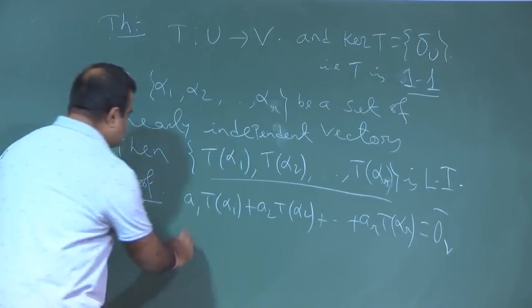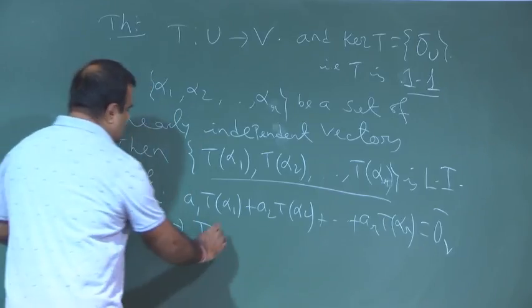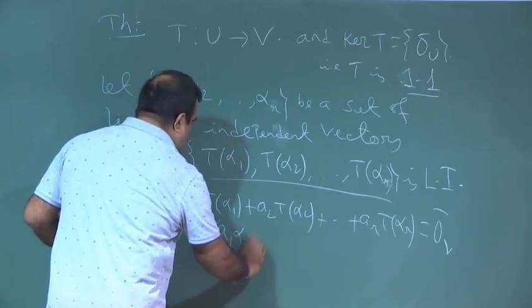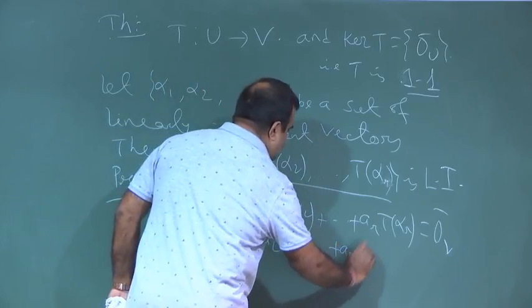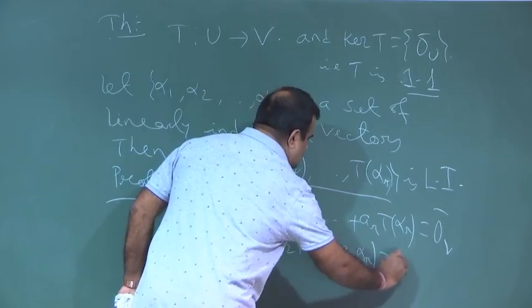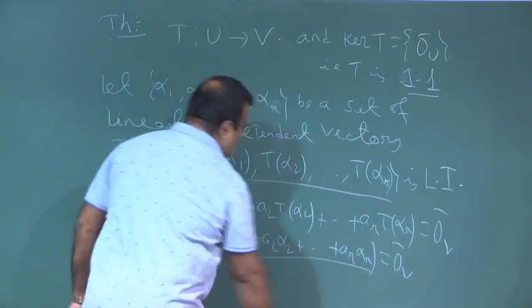From the linear transformation properties of T, a1 alpha 1 plus a2 alpha 2 plus up to ar alpha r, under T, is equal to this. So now this must belong to the kernel of T.